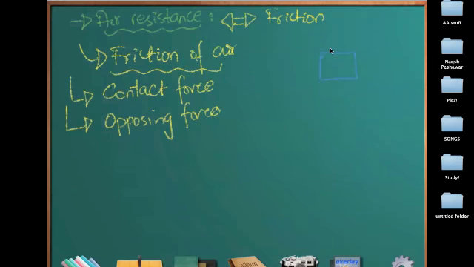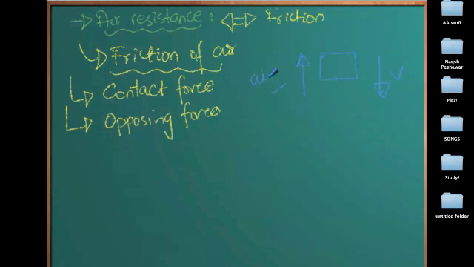This object is falling down. It's moving down, and we just threw it from a height. And we know, since it acts like friction, it would always be opposing the motion. And since the motion is in this direction, the air resistance would be acting in this direction. This is your air resistance.